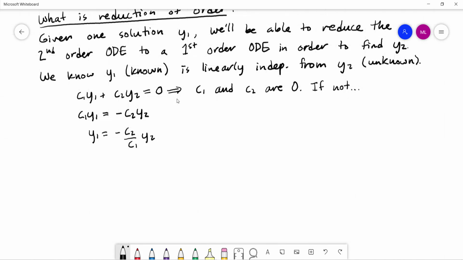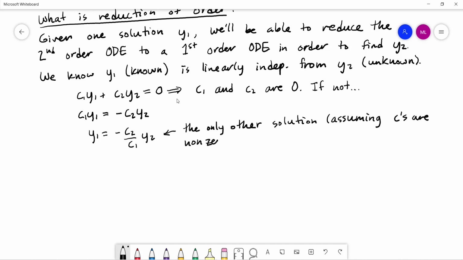So the only other solution, assuming the c's are non-zero, is that y1 is a multiple of y2, basically.